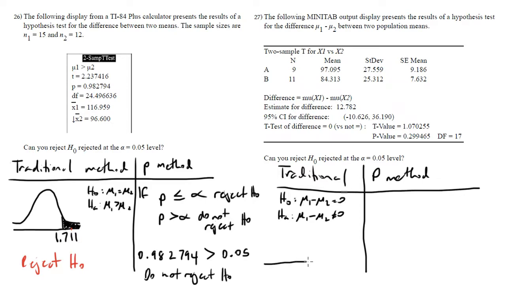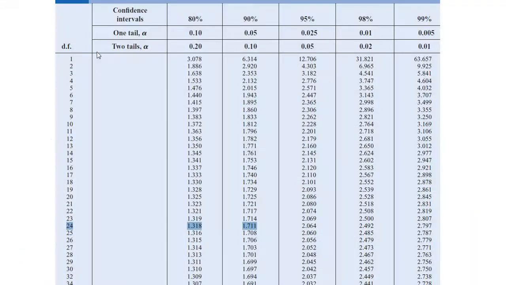This is two-tailed. Still a t-test, right? And we want to test this t-statistic when we get a chance. Here, the degrees of freedom are 17, which sounds more reasonable. Alpha is 0.05, two-tailed, degrees of freedom 17.